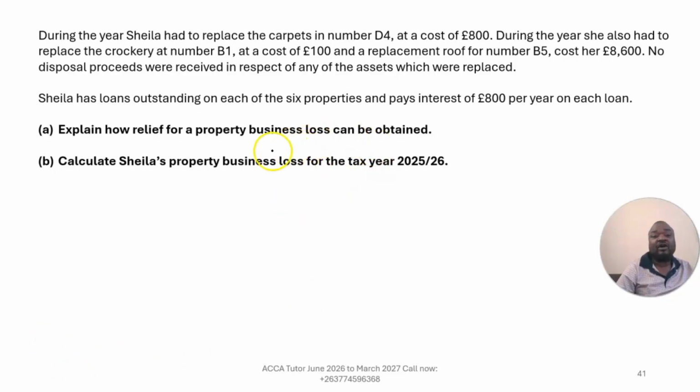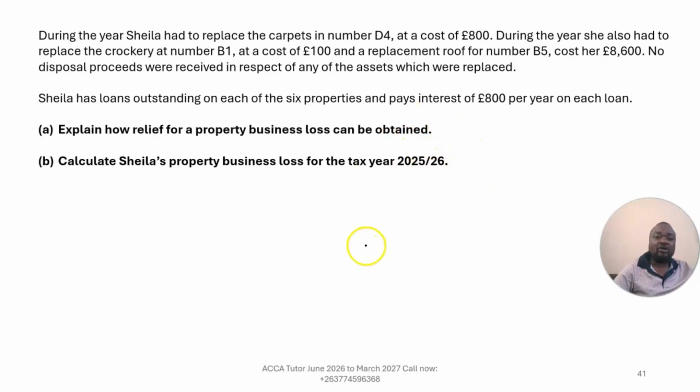In terms of the explanation on how the relief for a property business loss can be obtained, you need to compute the profit or loss as normal. You may do so on a property by property basis, or you can just come up with a single table that shows everything in one place. And you arrive at a loss.